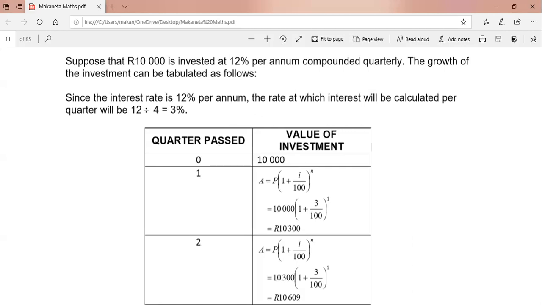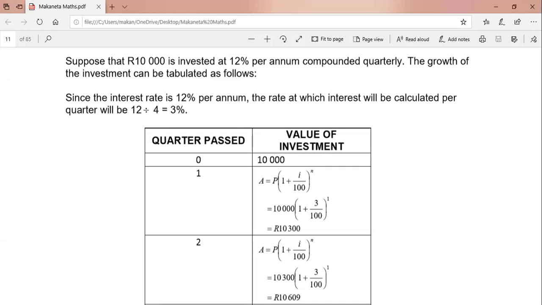Now, at the beginning of the second quarter, when you start on the 1st of April, and you want to reinvest that money, it means your accrued amount, which is 10,300 rands, now becomes your principal amount.